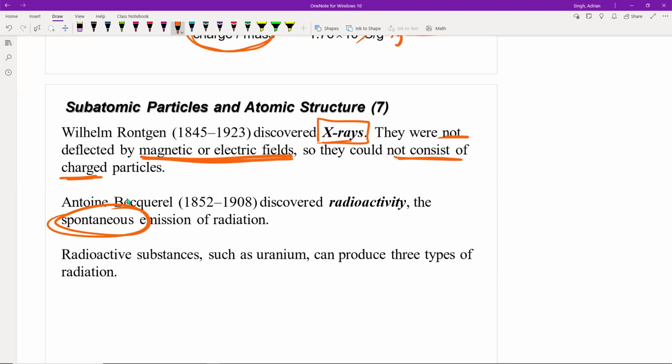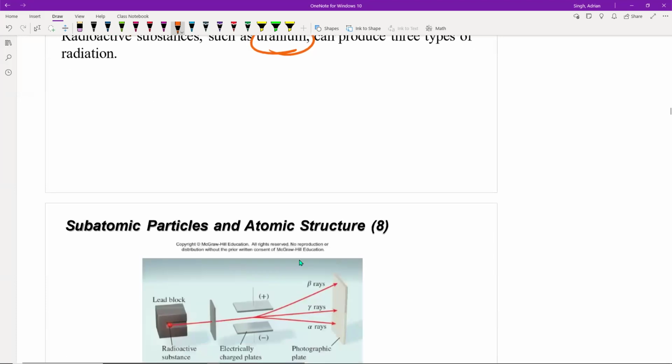Whereas with radioactivity, the emission of this type of radiation was just spontaneous. It was just the inherent nature of that sample itself. So substances such as uranium, for instance, spontaneously emit these types of radiation, and there are 3 types of radiation that they were exploring early on.